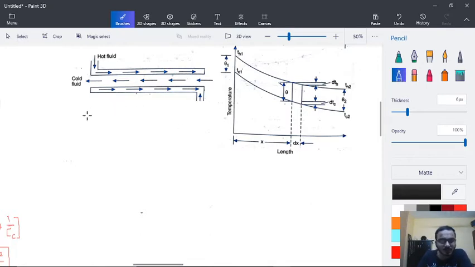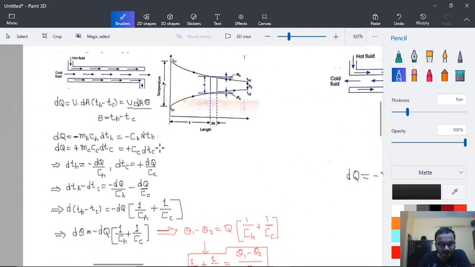So here we will begin with dq is equal to minus mh ch dTh, and here we can write equal to mc cc dTc, and here we were previously writing a plus sign over here.